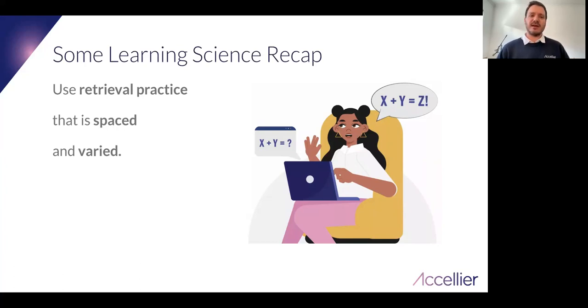So things like retrieval practice, spaced practice, and varied practice, which are common names for some theories behind learning that have been tested and proven to work, can be really helpful. So let's dig into these, or there's other ones as well.